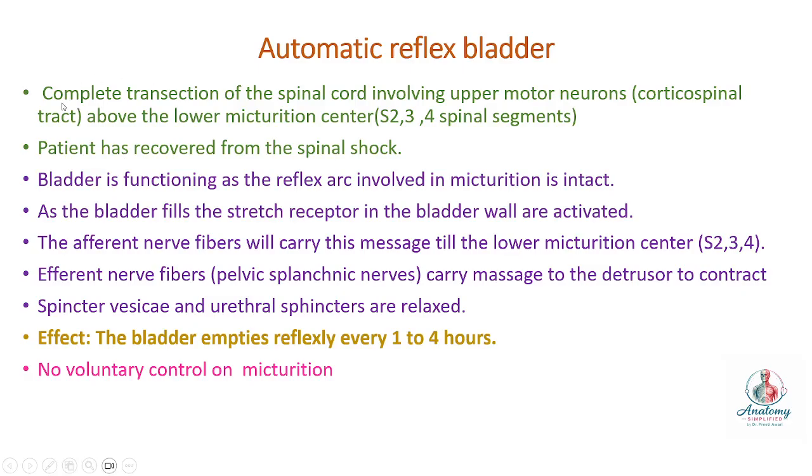Here, injury or complete transection of the spinal cord will be seen, which will involve upper motor neurons, that is, the pyramidal tract or corticospinal tract, present above the micturition center. We all know the micturition center is present in the sacral region. So, if there is injury to the spinal cord above the sacral segment and the patient has recovered from spinal shock, then what we can see is automatic reflex bladder.